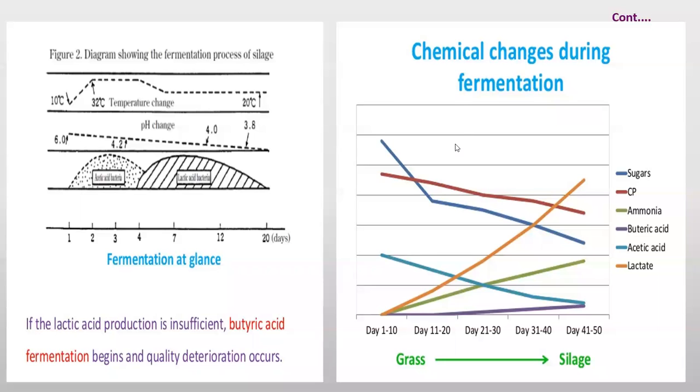Here you can see the chemical changes during fermentation, like sugar, CP, ammonia, butyric acid, acetic acid and lactic acid. Lactic acid fermentation starts and it increases throughout the period, up to 41 to 50 days as well. In that way we can maintain good quality silage.